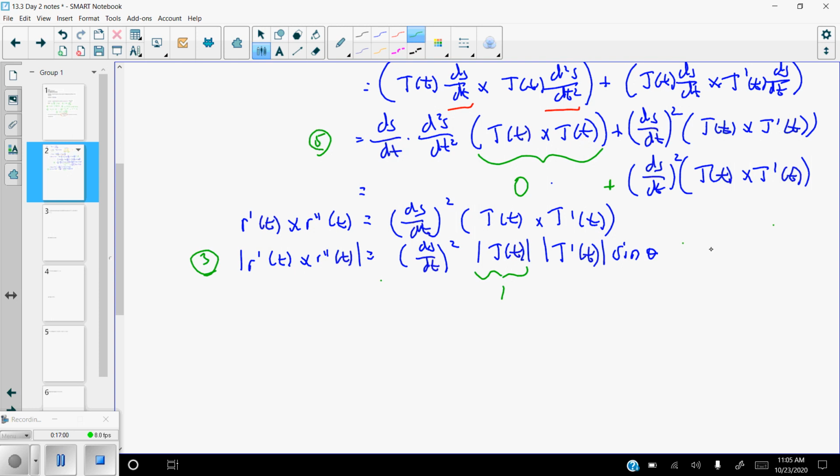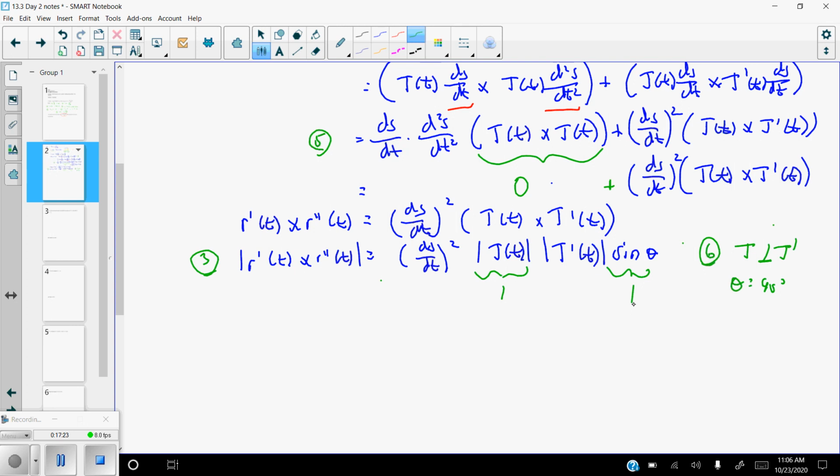That comes from the 6th thing that we put on there, that T is perpendicular to T prime, which means that theta must be 90 degrees. And the sine of 90 degrees is 1.